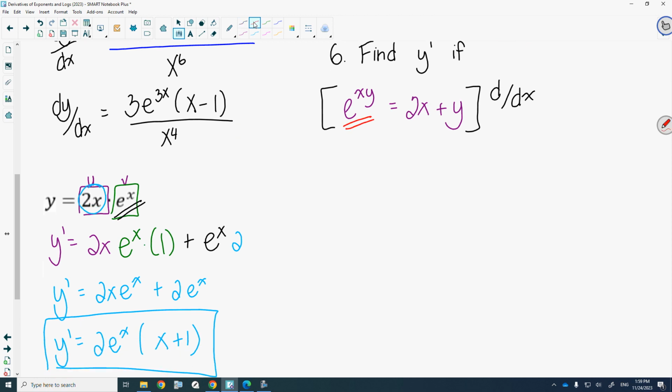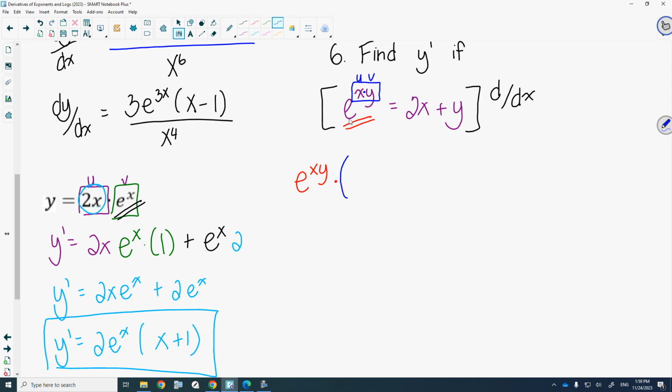So the derivative of e to the xy is e to the xy, and then I need to multiply this by the derivative of x times y. Now, x times y is going to be a uv question.